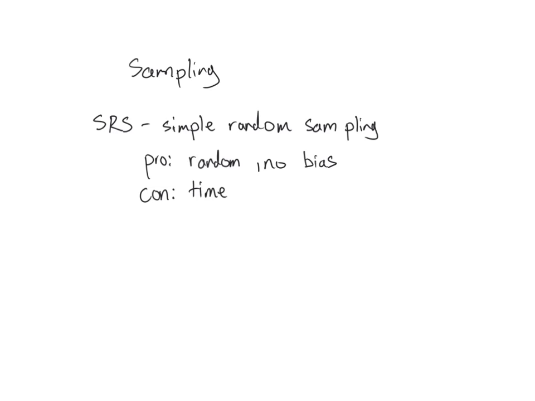If the population that you're trying to take your sample of is thousands or millions, then in order for it to be representative of that population, if it is heterogeneous, you're going to have to take a lot more samples in simple random sampling. So the con there would be time.